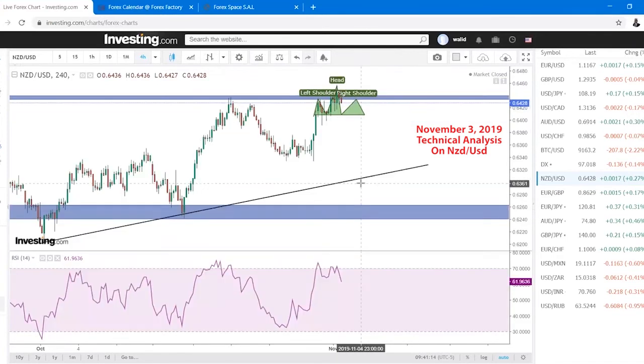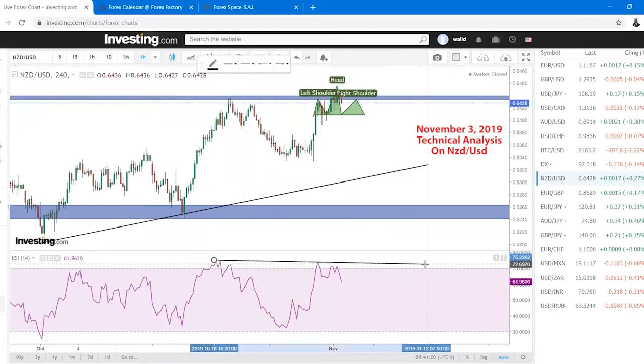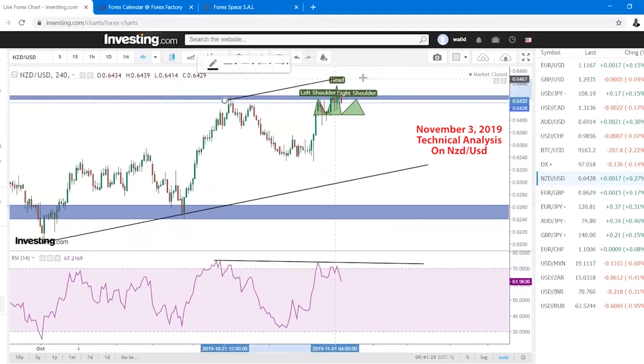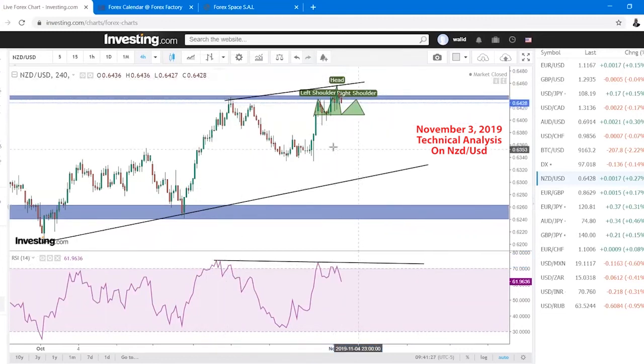And if we check the RSI on the 4-hour time frame, we have a bearish divergence and a break of the 70 level, the level of overbought, and a possible double top on RSI.